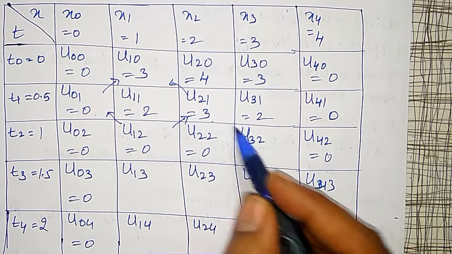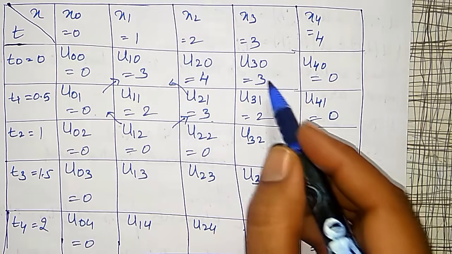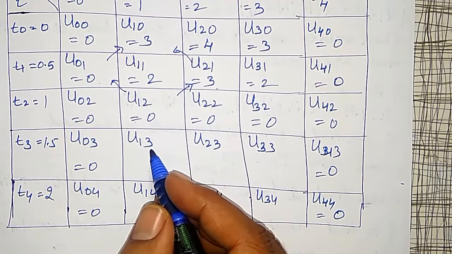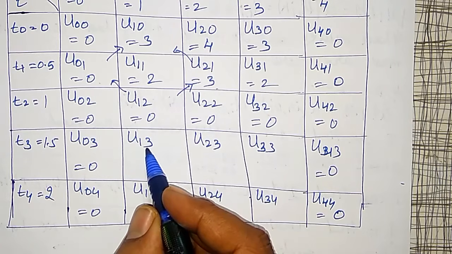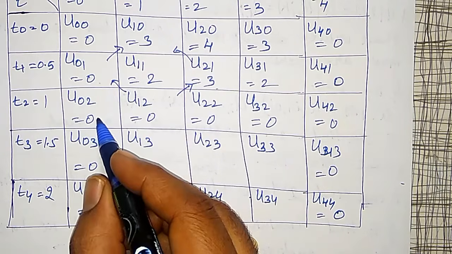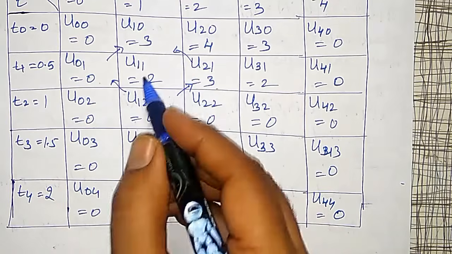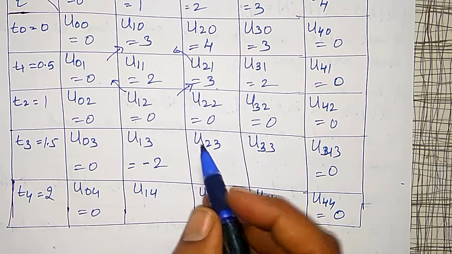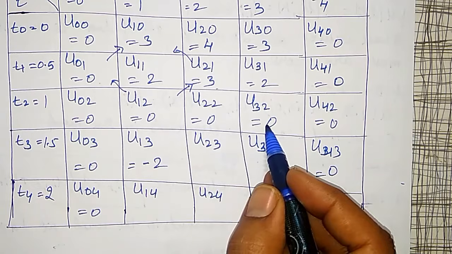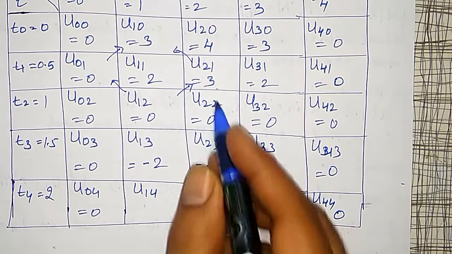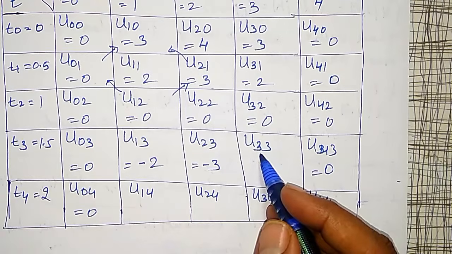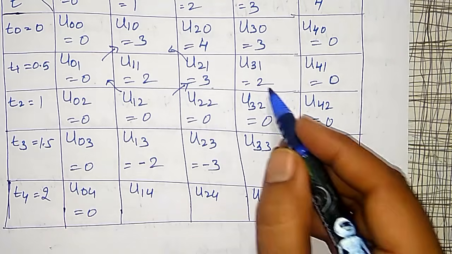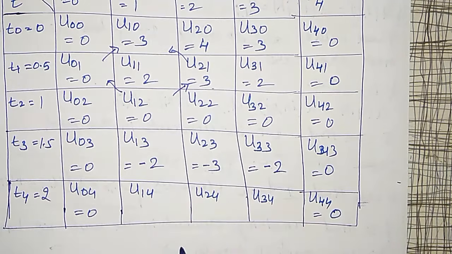To find out u32, 3 plus 0 minus 3 equal to 0. Like that, to avoid confusion in substitution, to find out u13, I can use the diagonal element 0 plus 0 minus 2, therefore it is equal to minus 2. Like that, u23, 0 plus 0 minus 3. To find out u33, the diagonal element 0, this diagonal element 0 minus 2, which is again minus 2.